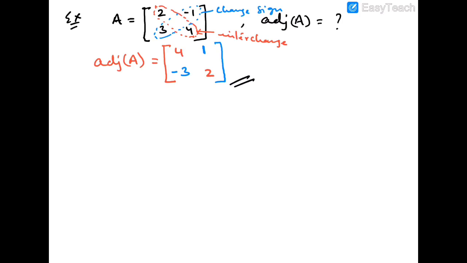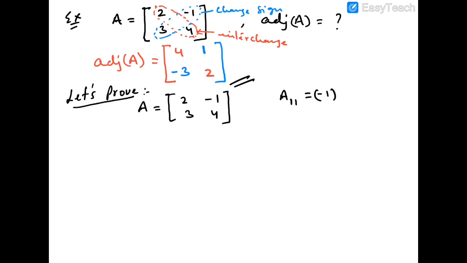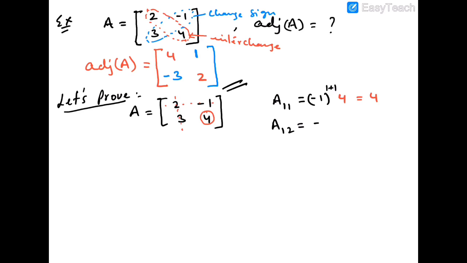Now let's prove this by finding the cofactors. The cofactor for 2 will be (-1) to the power 1 plus 1, and if we eliminate the first row and first column, 4 is left, so it will give us 4. Now the cofactor for -1 is (-1) to the power 1 plus 2. If we eliminate the first row and second column, 3 is left, which will give us -3.